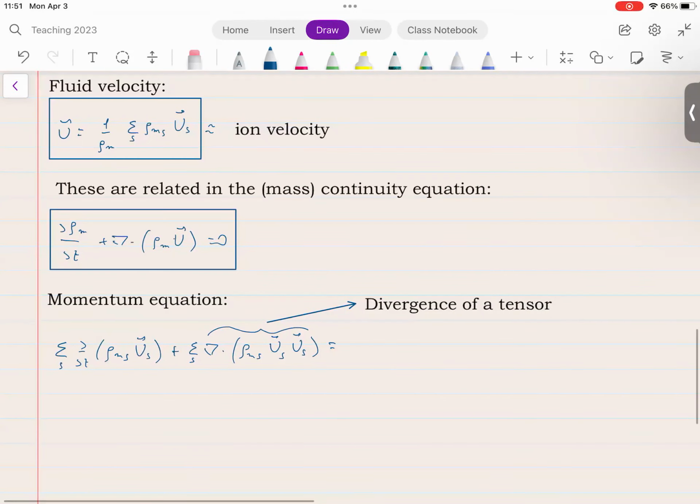And this is equal to the charge density times the electric field plus J cross B minus here the divergence of the sum over the species of the pressure tensor.